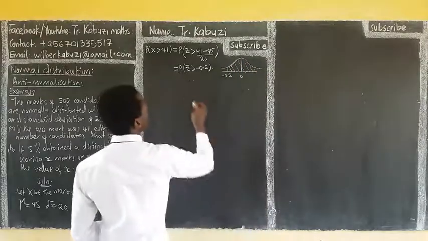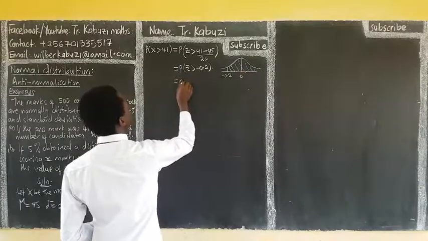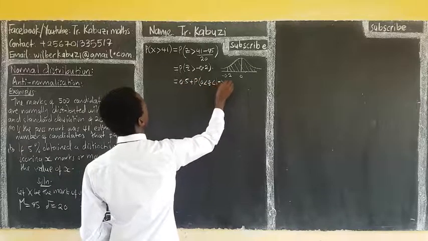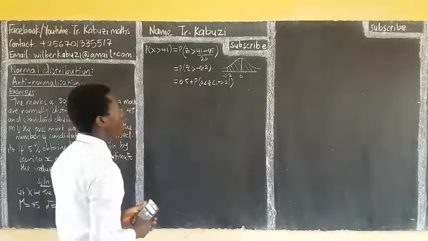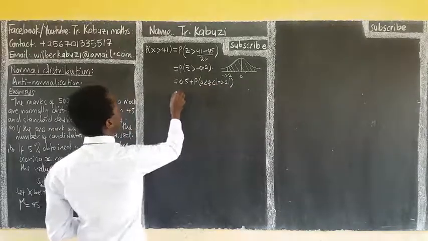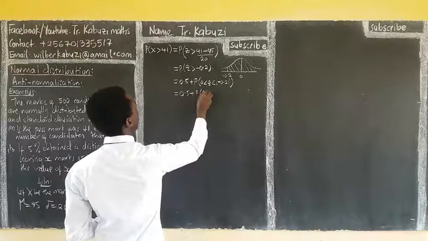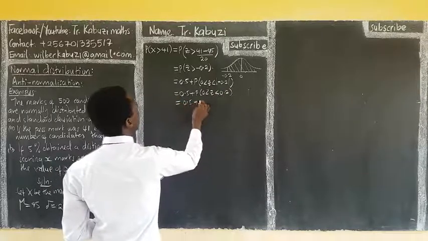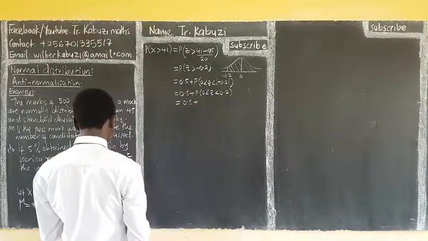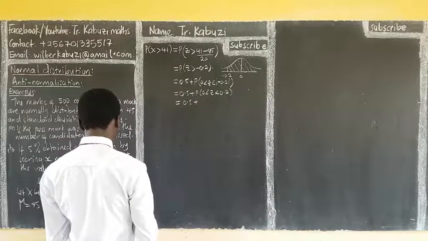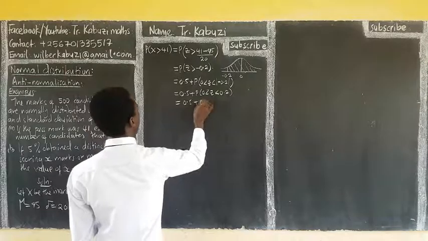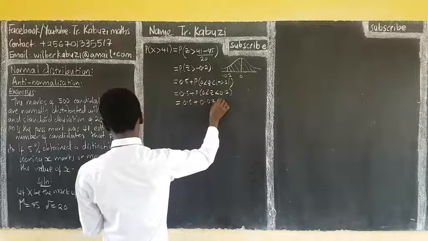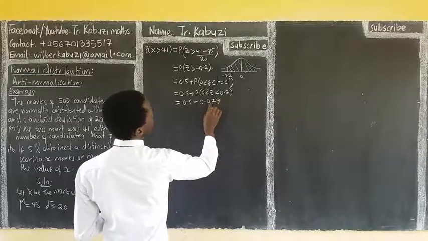This will be 0.5 plus the probability of the modulus of it, because you only use the z value if it is positive. So 0.5 plus the probability of 0 less than z less than 0.2, which is 0.5 plus, read from the table, 0.0793.